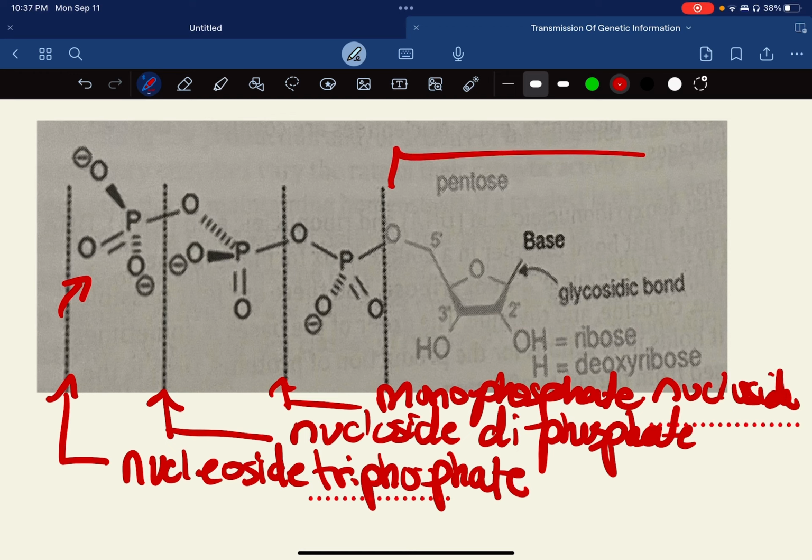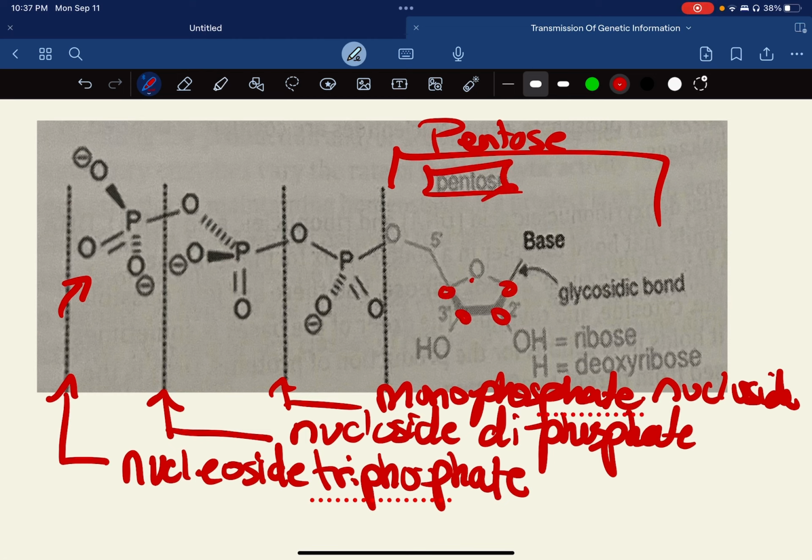And up here, we have the pentose molecule. Why is it pentose? Because there are 5 carbons. Pentose, 5. So here is the nucleotide structure, right here.